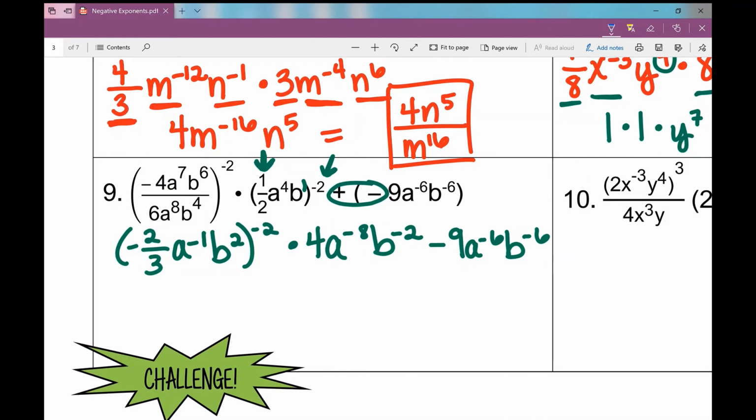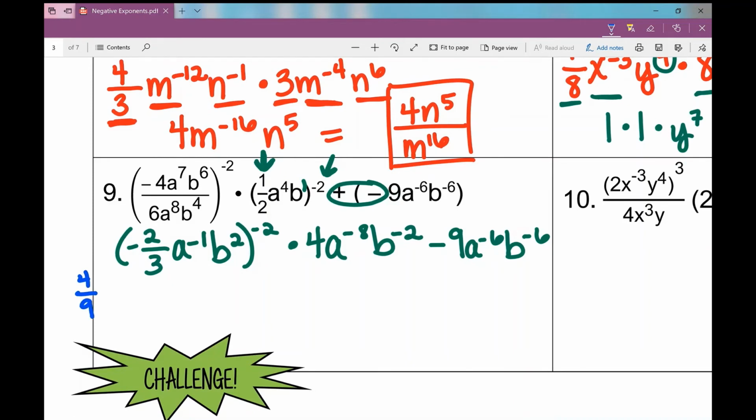Okay, let's do the next step of simplifying. Now over here, all of this is being raised to the power of negative 2. When I square a fraction, it's multiplied by itself. So negative 2/3 times negative 2/3 is going to be positive 4/9.